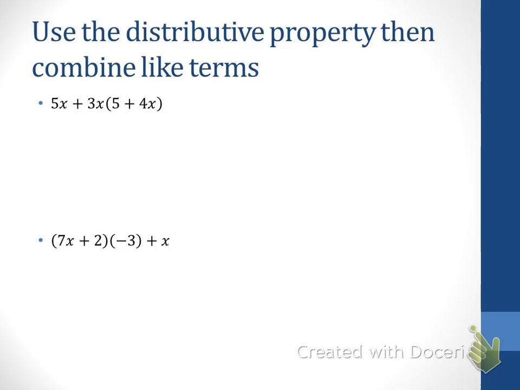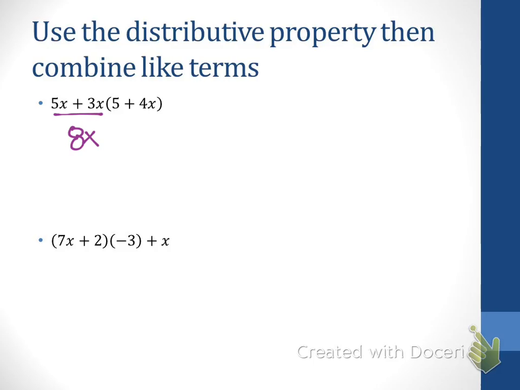So the next two problems that we're going to do, I want you to read the instructions. I'm going to read them out loud and I want you to listen. Use the distributive property, then combine like terms. So what do you think you're going to do first? Vincent? Distributive property. Exactly. That's what it tells us to do first. There was a lot of people that I saw that said, oh, 5x plus 3x is 8x.